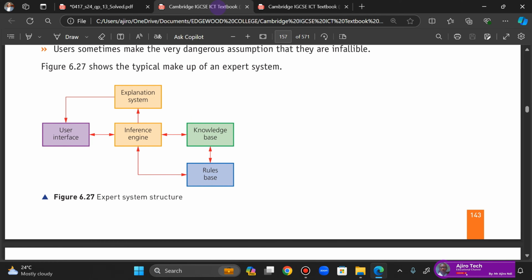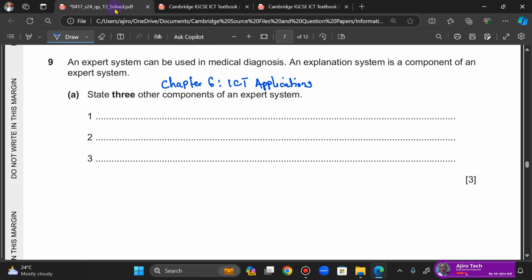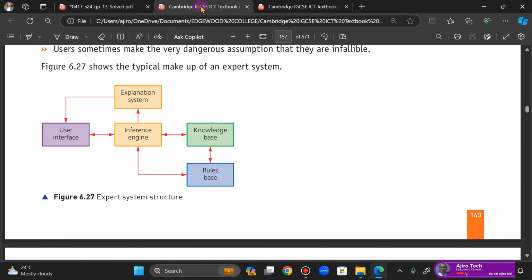So you can see the user interface, the inference engine, explanation system, knowledge base, and rule base. So now you make your choice. This is still three other components of the expert system. Okay, so here we have the user interface. Okay, we have knowledge base.